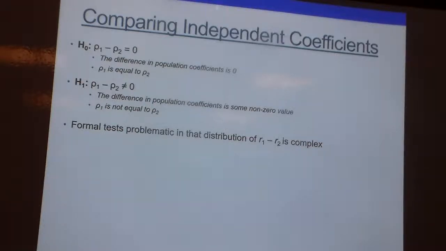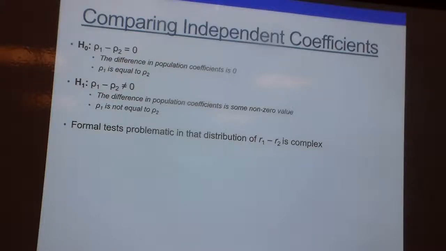Someone give me an idea for where we might compare two different independent coefficients. If I wanted to know whether the association between two variables for an African American group and a Latino group are comparable. Perfect, right. I'm interested in looking at the relation between, let's say, social support and acculturation in this immigrant group and that immigrant group.